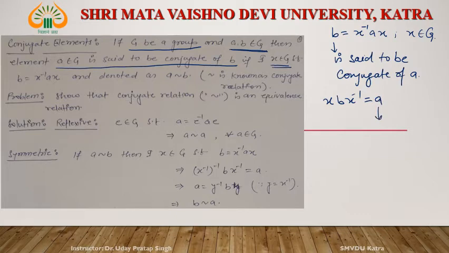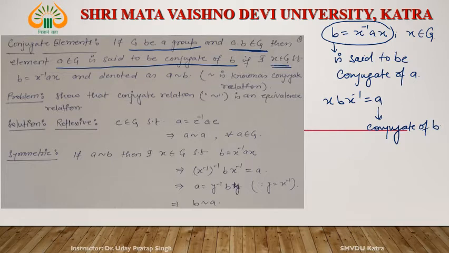It means this a is conjugate of b. But focus only on this: a is conjugate of b. If a is conjugate of b, then b is also conjugate of a. Later on we will prove this in a problem. Right?